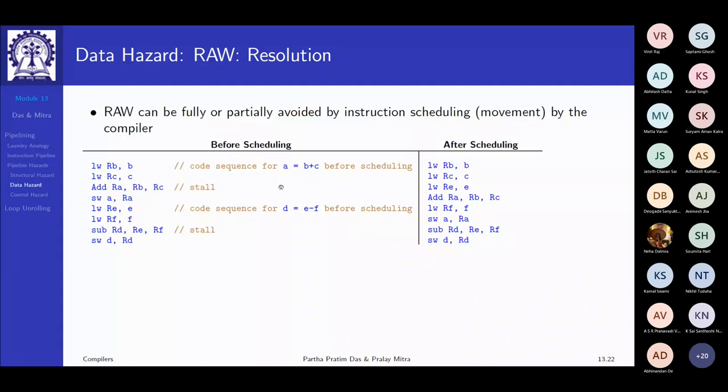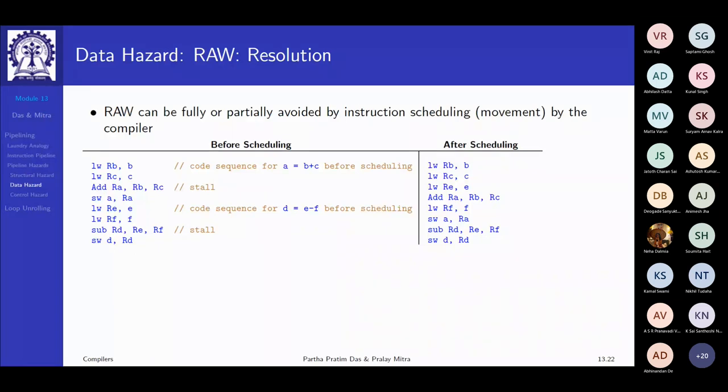So there's a code sequence which tries to compute A assigned B plus C and D assigned E minus F. For A assigned B plus C, you will have 2 loads of B and C into 2 registers, add them into a third register RA, and store that result back. You do the same thing for the next, E minus F, also.